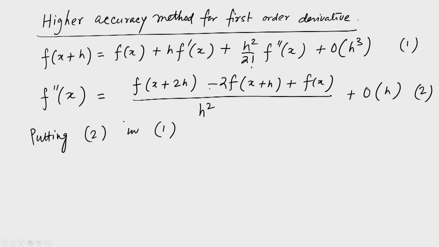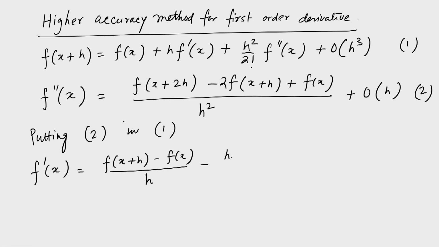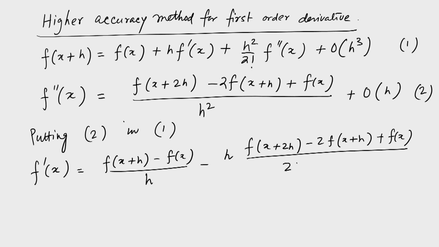that is, I am going to put this second derivative into the third term that appears here and do a slight bit of rearranging, then we get f of x plus h minus f of x divided by h, which is our original definition, plus a term with f of x plus 2h minus 2 f of x plus h plus f of x, divided by 2 h square, because there is a 2 factorial, which is nothing but 2.